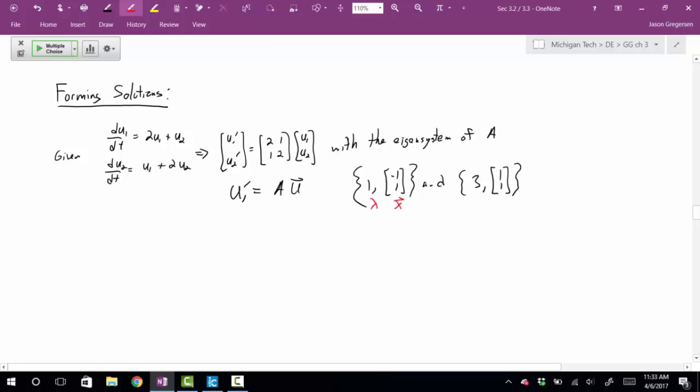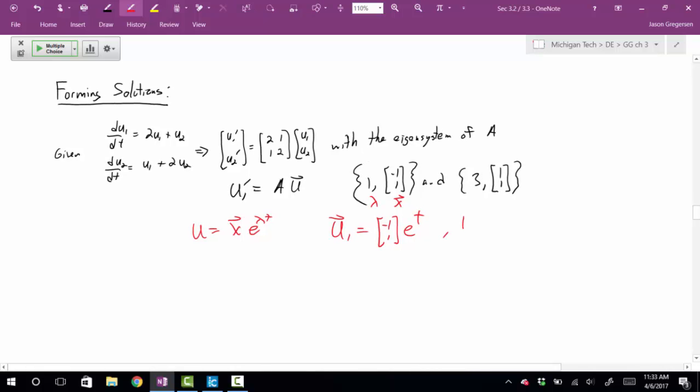If my assumption was that my solution looked like x times e to the lambda t, then apparently one solution is going to be negative 1, 1 times e to the 1t. Once I know those eigenvalues and eigenvectors, boom, there's my solution. Apparently my other solution is going to be the other eigenvector times e to the other eigenvalue.